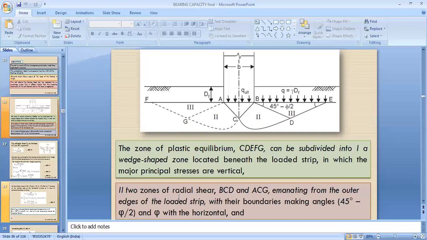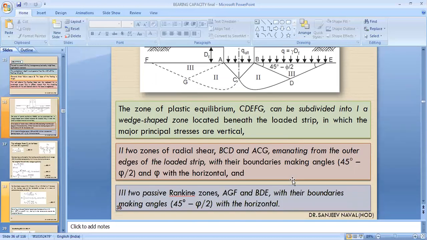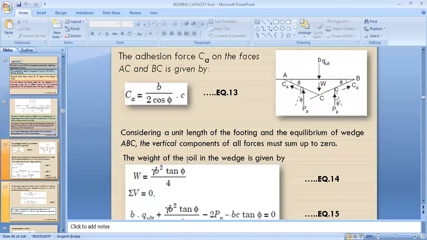Zone 2 consists of 2 zones of radial shear, BCD and ACG, at the outer edges of the loaded strip, with their boundaries making an angle of 45 minus phi by 2 and phi with the horizontal. And zone 3 consists of the passive zones known as passive Rankine zones, AGF and BDE, with their boundaries making an angle of 45 degrees minus phi by 2 with the horizontal.